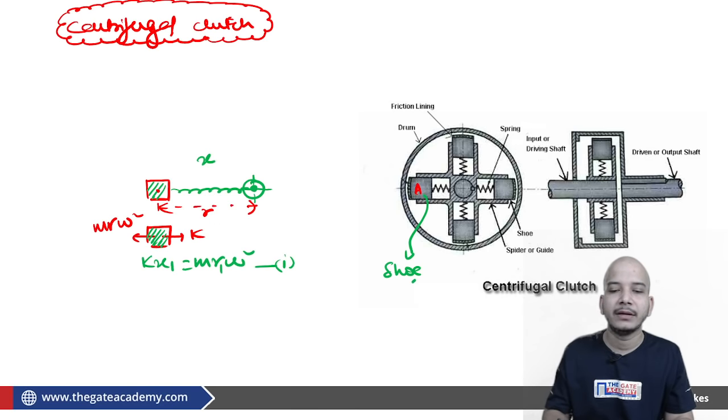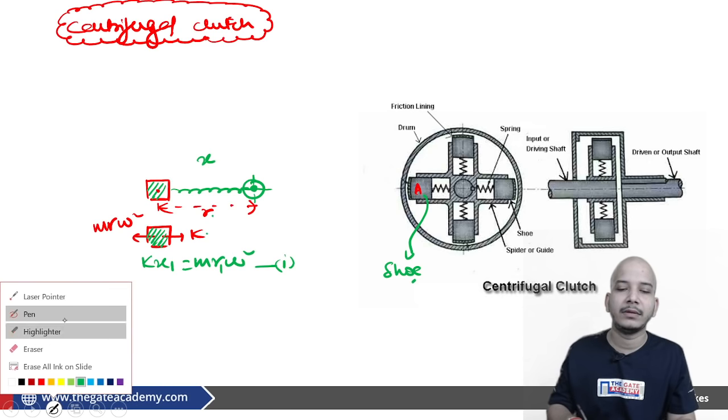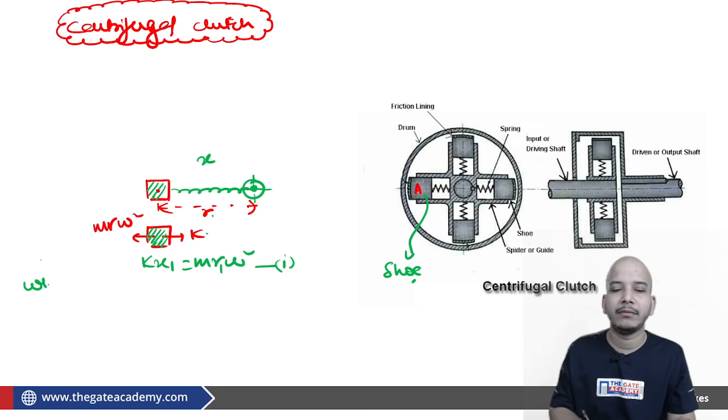So when interaction just begins, kx must be equal to mr omega square.